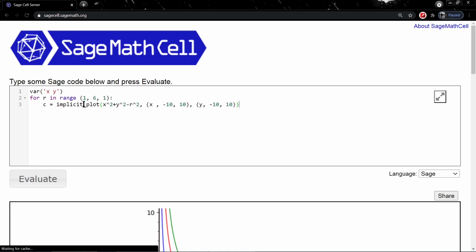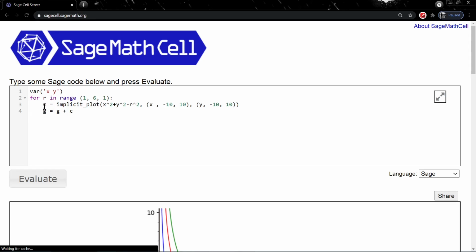However, in the next iteration the value of r changes and this plot also changes, and the value of C also changes, because the new value of the plot gets assigned to value C. So we will use another variable g, which is a placeholder variable, to save the value of C. Now what this does is, it takes the value of C and it saves it in a variable g.